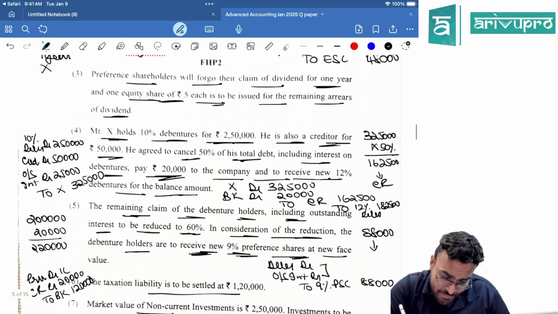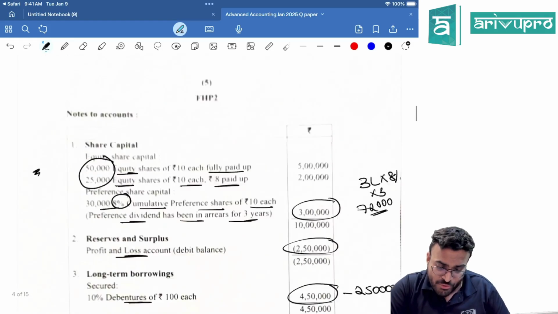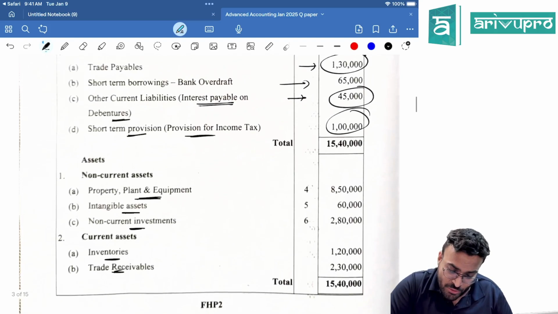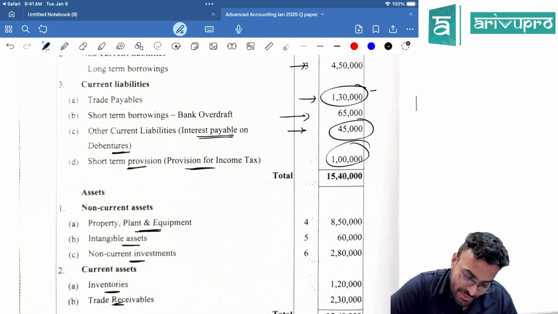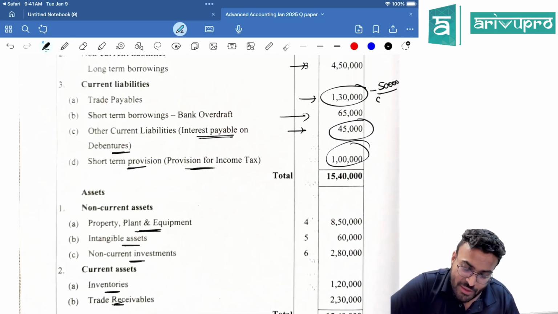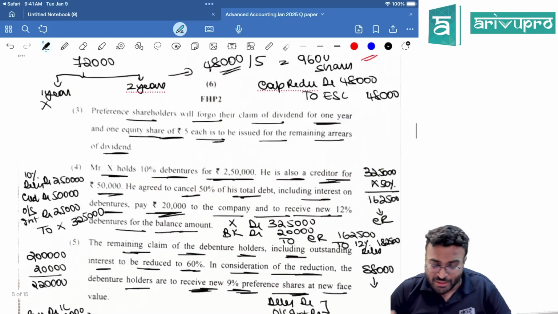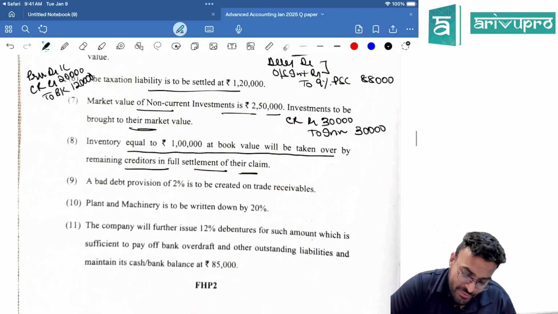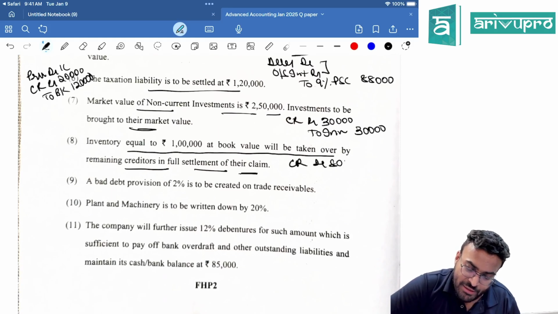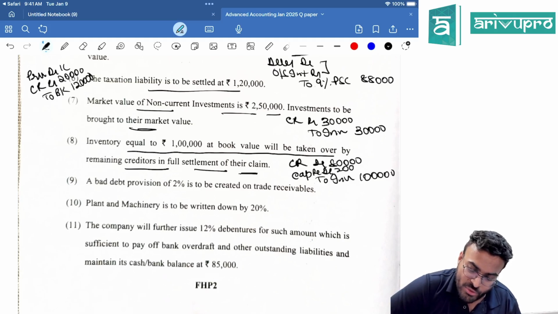X had 50,000. 1,30,000 minus 50,000 means remaining creditors are 80,000. What did they agree to take? Inventory. Now you will write creditors debited 80,000. Inventory gone 1,00,000. That means capital reduction debited 20,000.